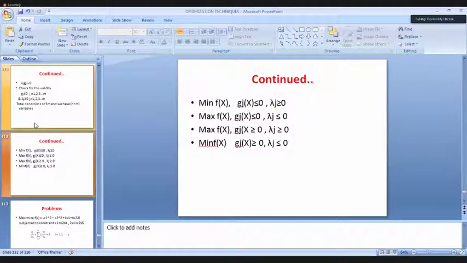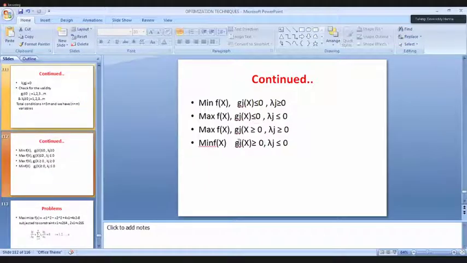Now, the function also can be minimized if gj of x is greater than 0 and lambda j is less than 0. The function can be maximized if gj of x is less than 0 and lambda j is less than 0.